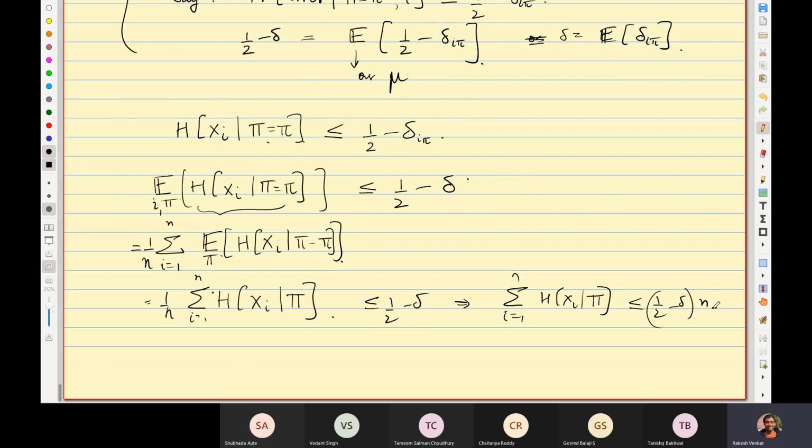Half minus delta. Oh, so this is where I missed the point. I'm sorry. So this is less than or equal to, because it's a predictor, h of this quantity. That's why I was wondering why this was so trivial. So Fano's inequality states this.